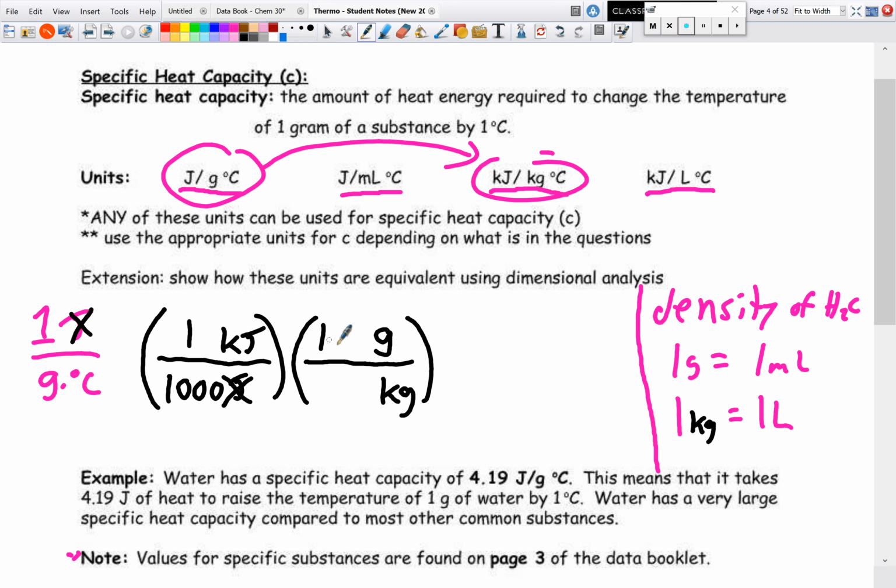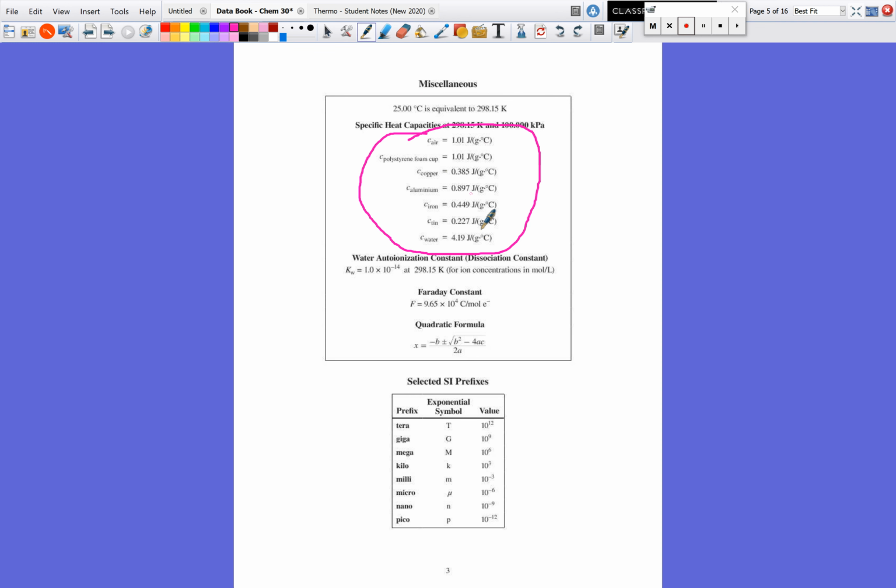Same thing, we have 1,000 grams in every 1 kilogram. This way our grams cancel out, and the 1,000s cancel out too, and we're left with 1 kilojoule per kilogram degree Celsius. So the 1 in front doesn't change. That's why we can use all of the units in our data booklet right here; all these units are interchangeable.